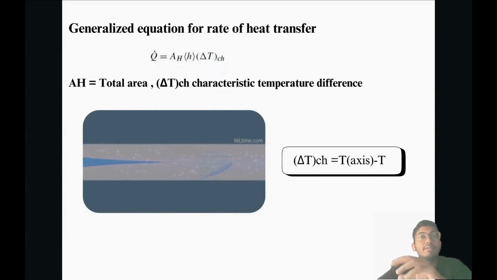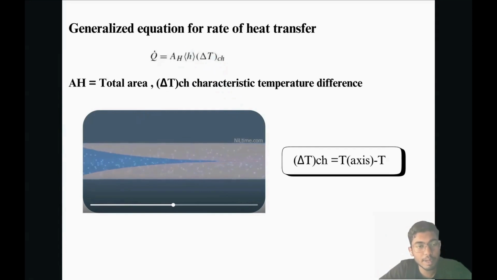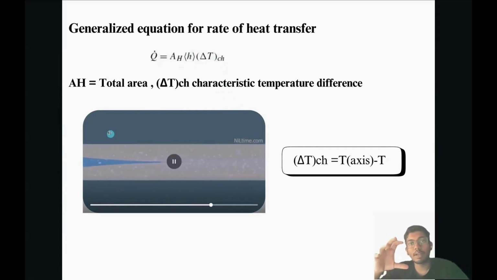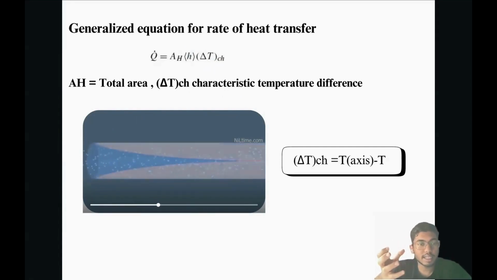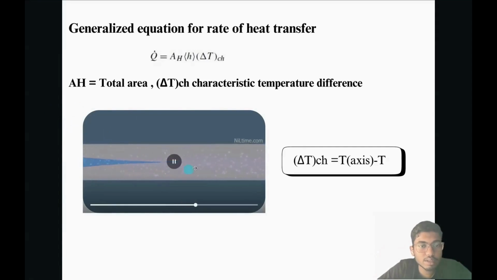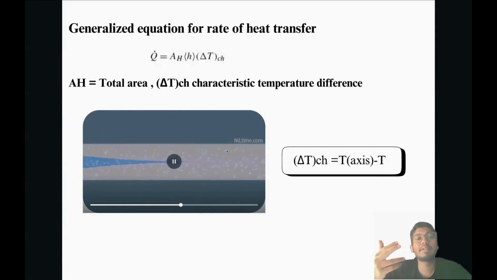Now bulk temperature may vary. How? For example, if you are looking at flow through a pipe, say a double pipe where heat exchange is happening, then at the center line axis of the pipe, the temperature will be maximum, and that temperature will become the bulk temperature.